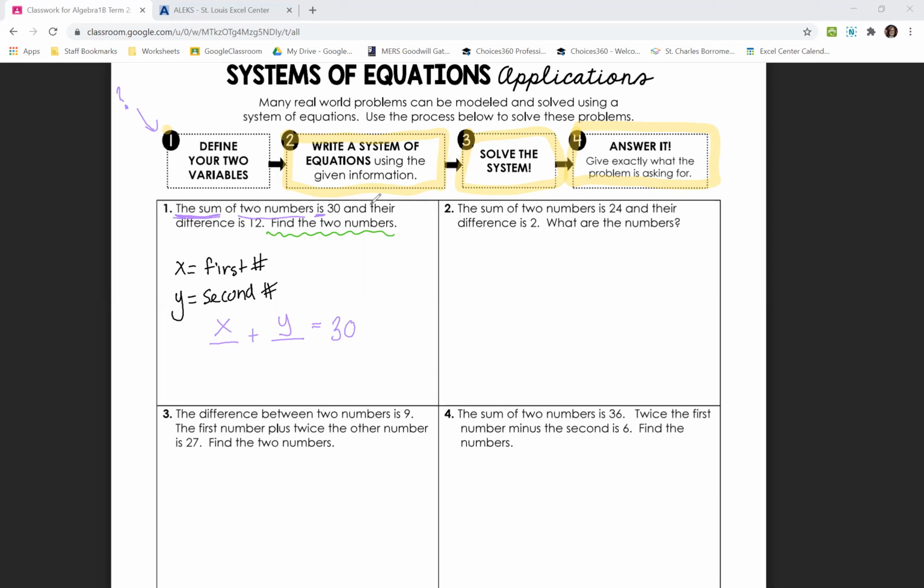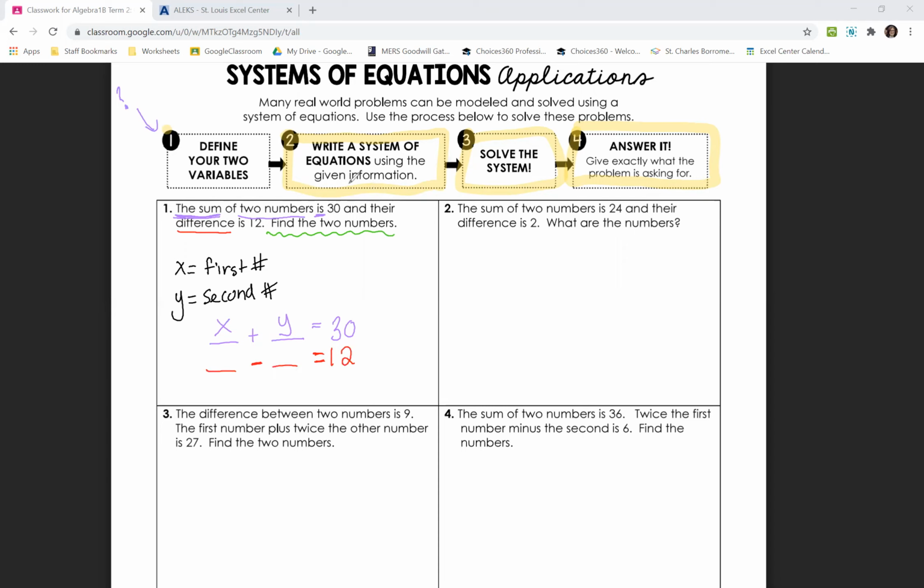Now we're going to do the same thing with the subtraction one. Their difference, so when you see difference, you write a subtraction sign, is 12. So what are my two missing pieces here?